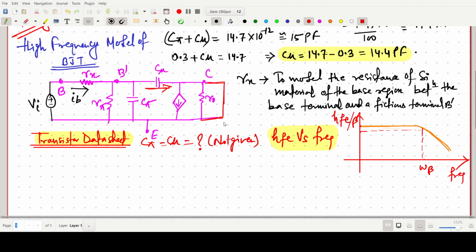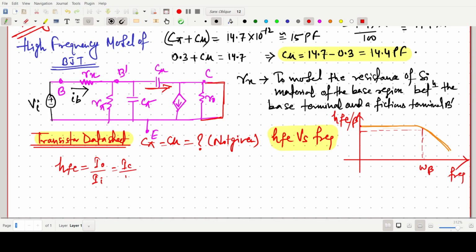From the hybrid model, the value of HFE can be found as I naught by II, or sometimes it is written as IC by IB, by keeping V naught equals to 0.